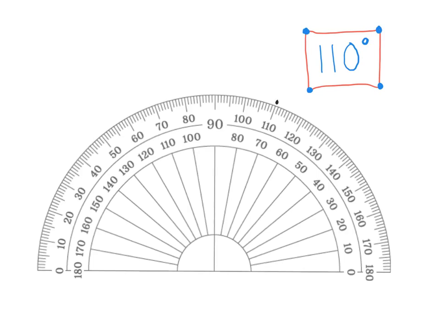And 110 is right about here. And it could go on the other side, use the bottom scale, doesn't matter. I know that my angle has got to start on this side, my bottom. Put my vertex, okay, and then move it up to match 110 degrees. So that is definitely an obtuse angle that's showing 110 degrees.